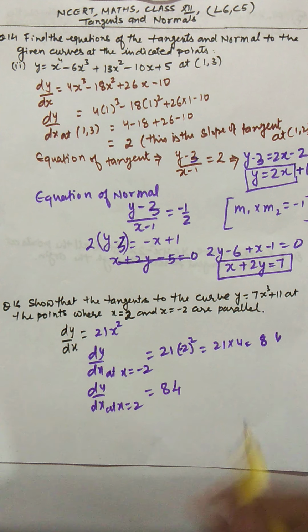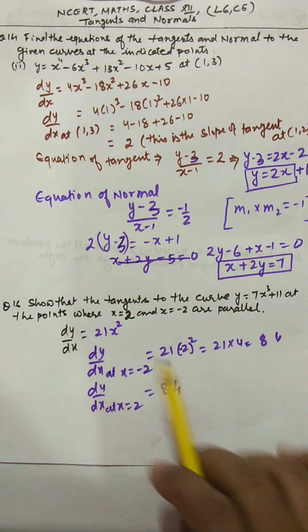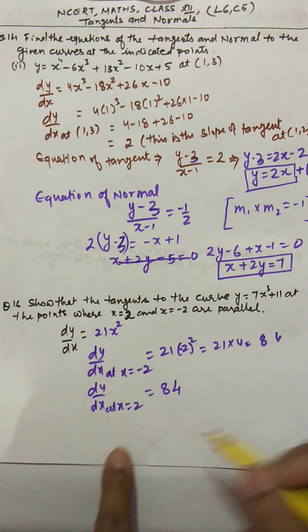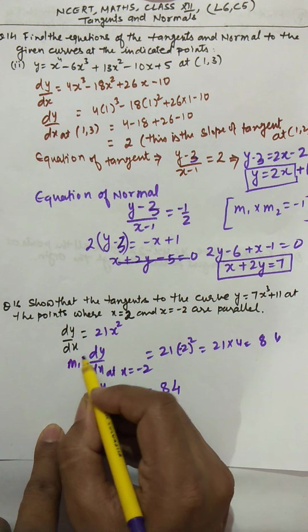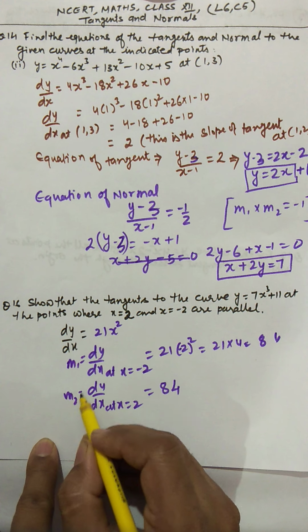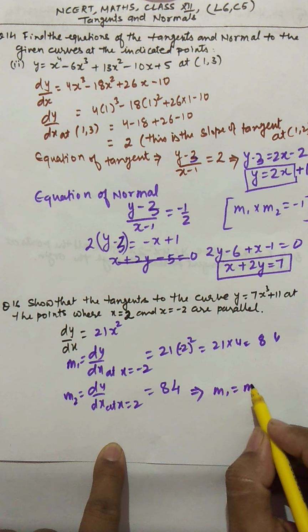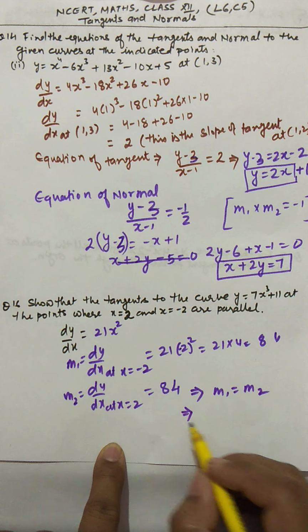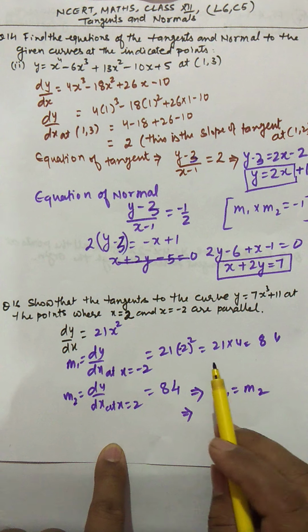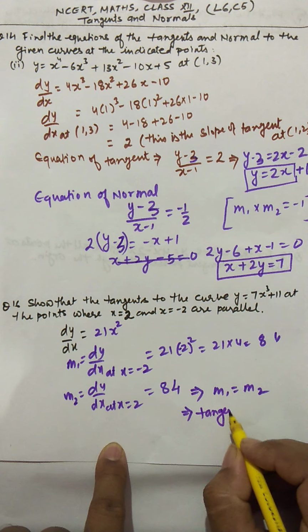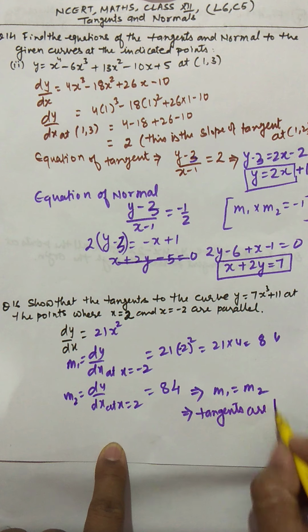So we have shown that the slopes of the tangent at x equal to 2 and x equal to minus 2 are equal. Let's say this slope is m1 and this slope is m2. So we are getting m1 equal to m2, which implies that the tangents are parallel.